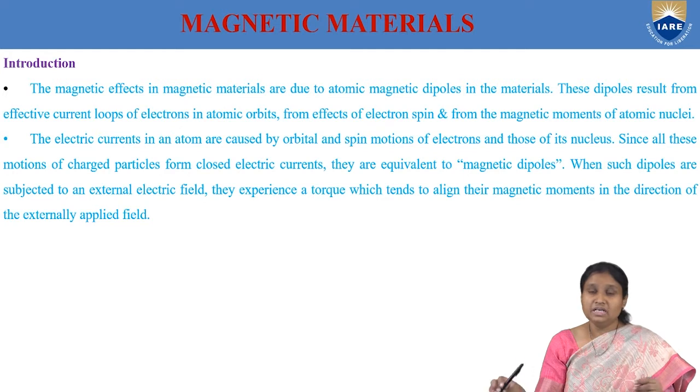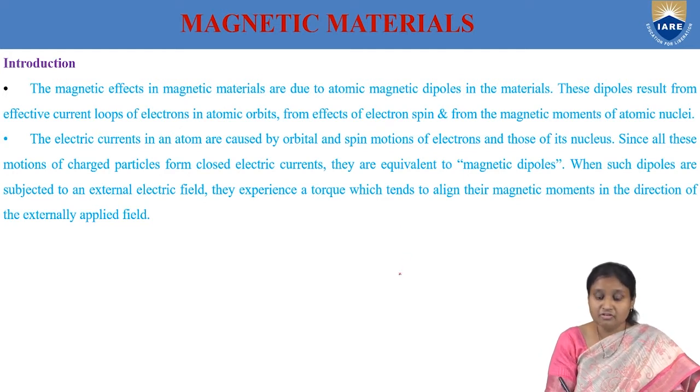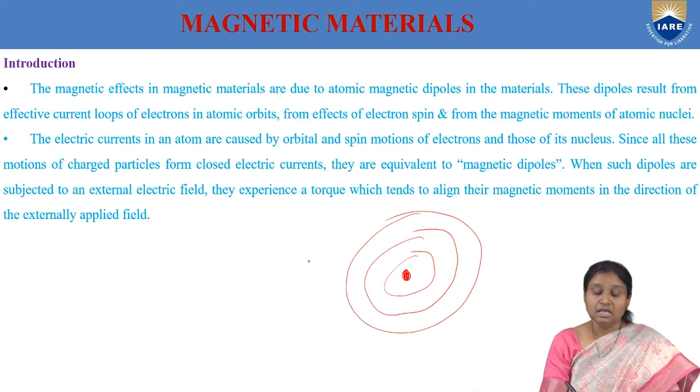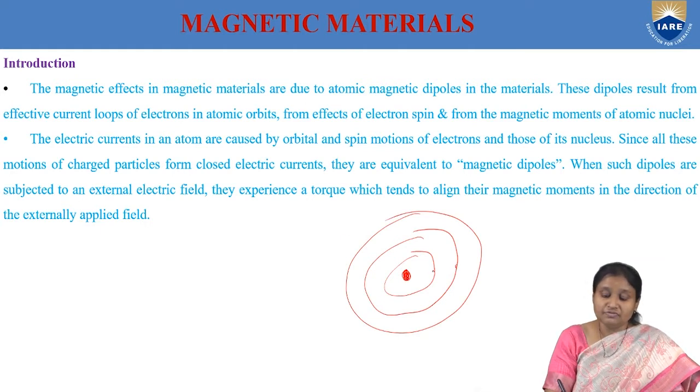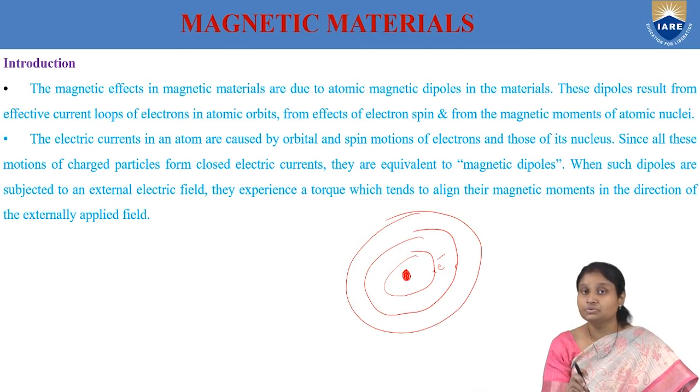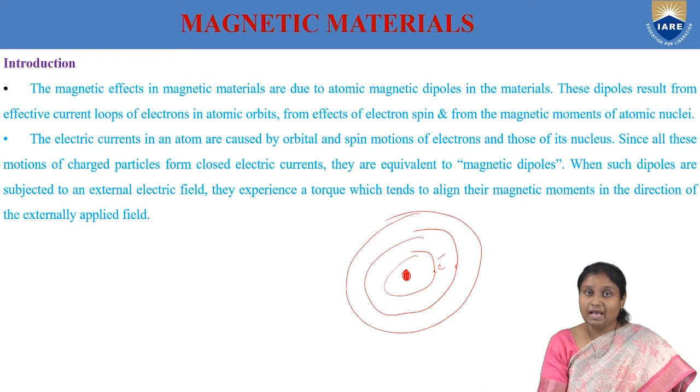In an atom we have a positively charged nucleus, and electrons revolving in various orbits around the nucleus. When they are moving, not only do they revolve around the nucleus, they also rotate about their own axis.